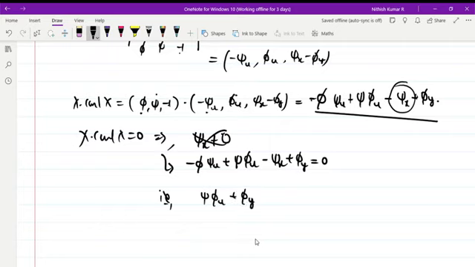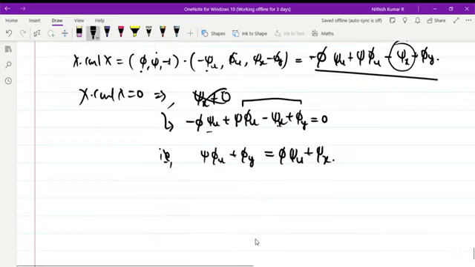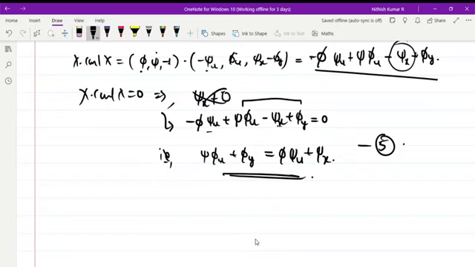So we shall write once again. This implies minus phi psi u plus psi phi u minus psi x plus phi y equal to 0.